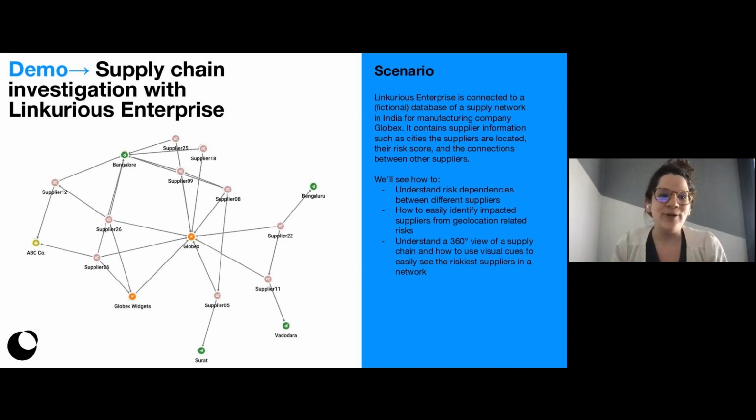And just in general, we're going to get a 360 view of the supply chain, and we'll be able to see how graph and visual cues make it much more obvious to see the different risks and risky suppliers in relation to Globex, my company, in relation to my competitors, etc.